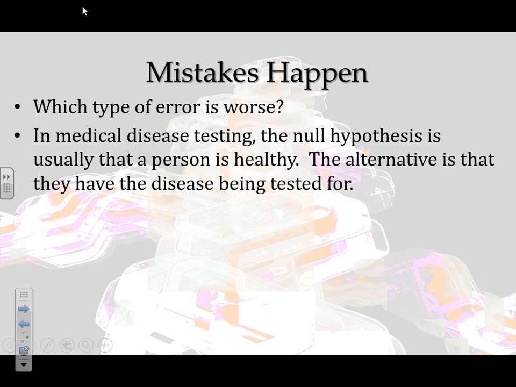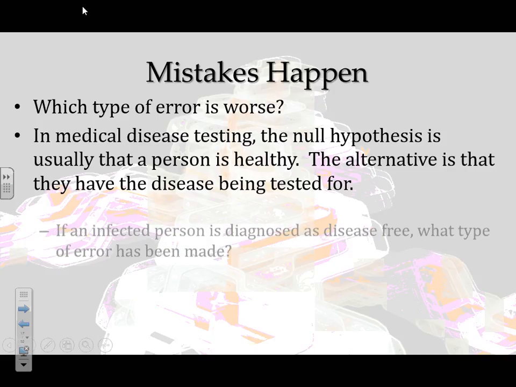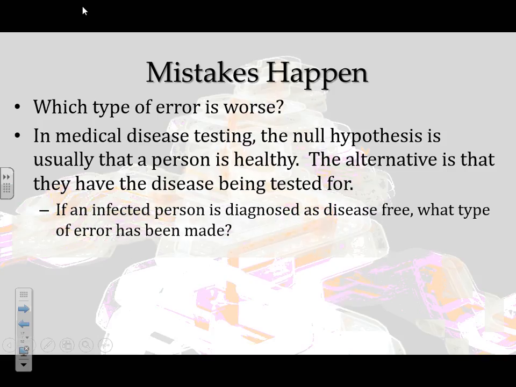Okay? So, if we think about this as far as errors go, if an infected person is diagnosed as disease-free, what type of error has been made? So if we think about our null and alternative hypothesis, it might help to visualize.